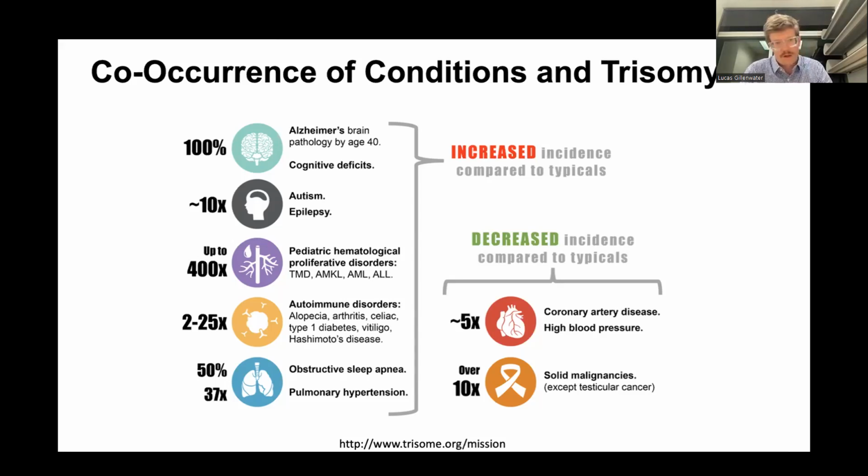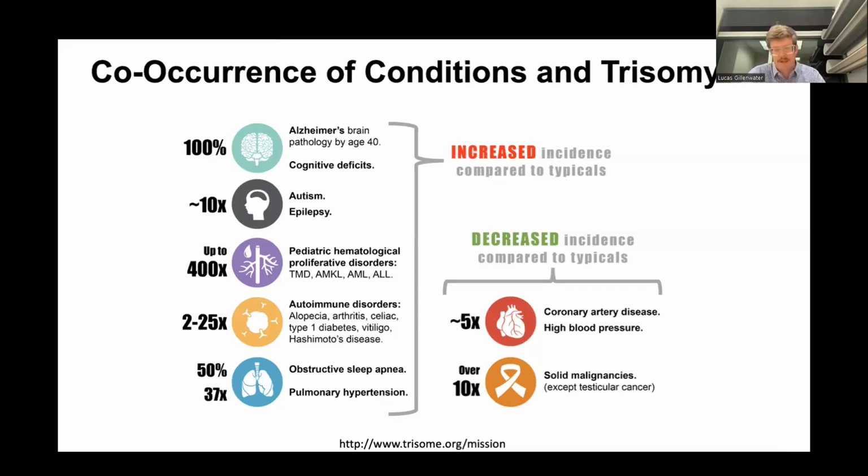There's also a much higher risk of developing autoimmune disorders like alopecia, arthritis, and celiac disease. These people also have higher rates of obstructive sleep apnea and pulmonary hypertension.